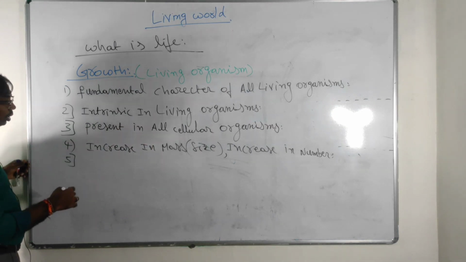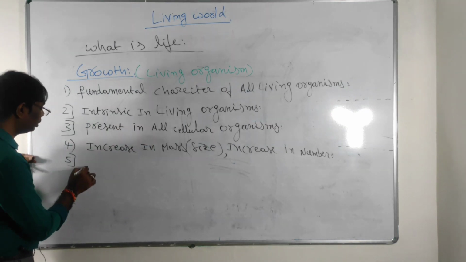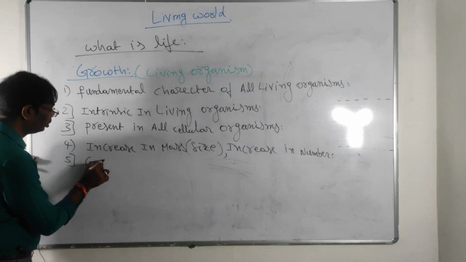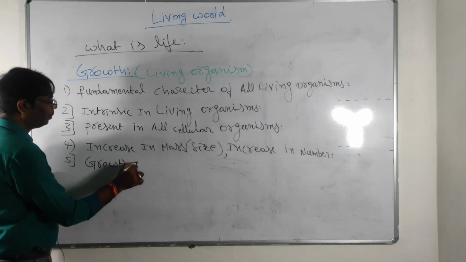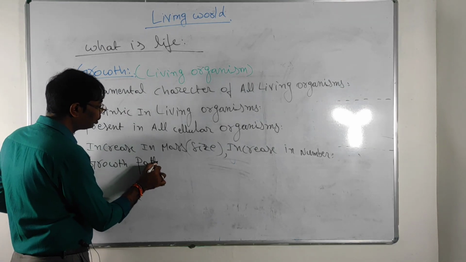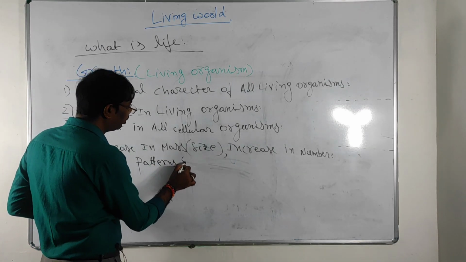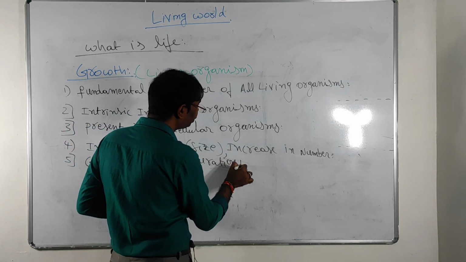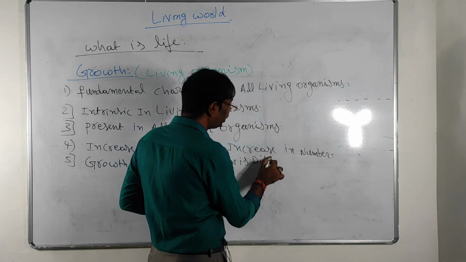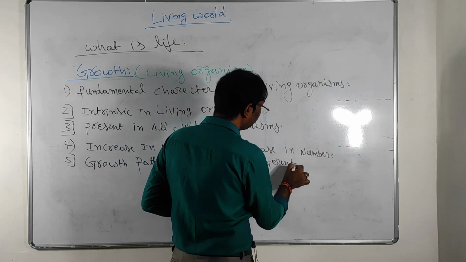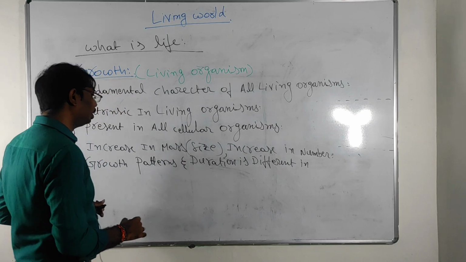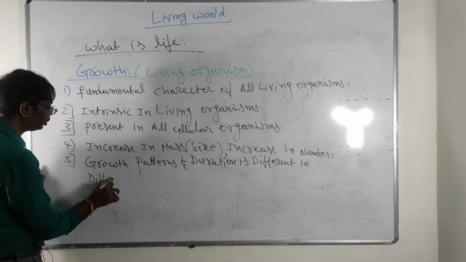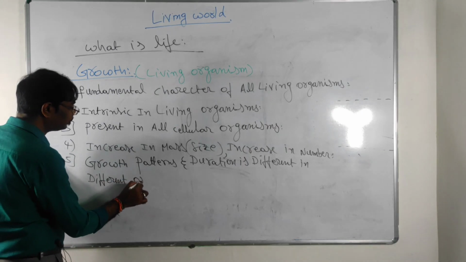And another important thing: the growth pattern is different in different organisms. Growth pattern and duration, this is very, very important. Growth pattern and duration are different in different organisms.